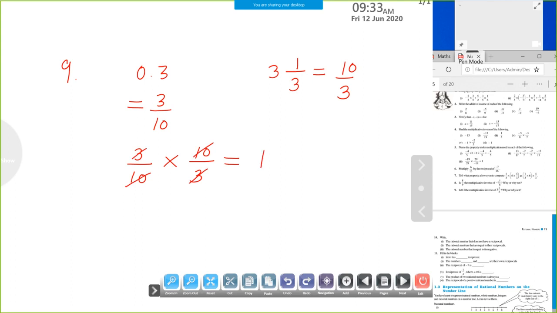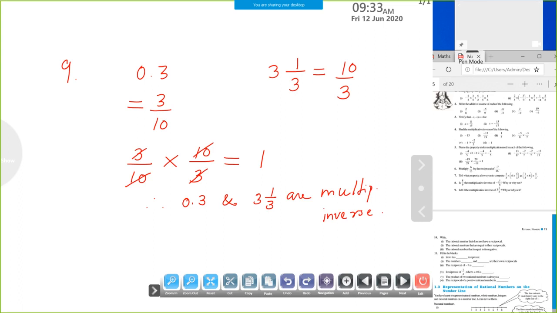So my answer is going to be 1. We are getting the multiplicative identity 1 as the answer. Therefore, we conclude that 0.3 and 3 and 1 by 3 are multiplicative inverse of each other.